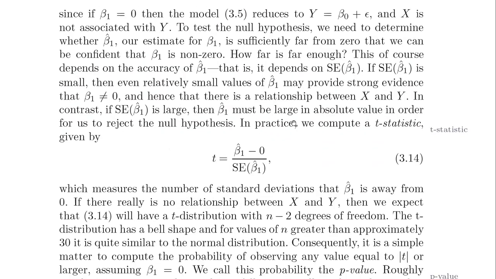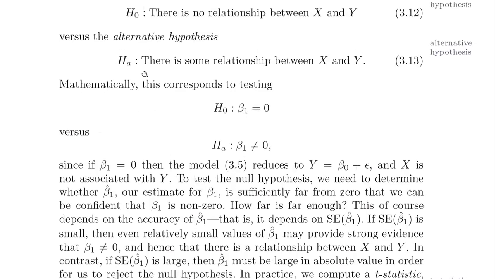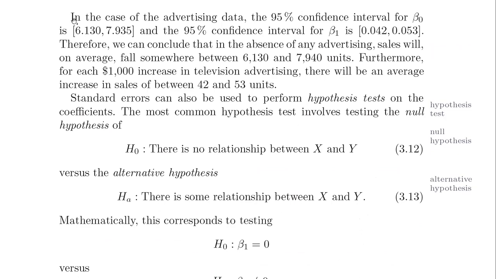To test the null hypothesis, we need to determine whether beta 1 hat, our estimate for beta 1, is sufficiently far from 0. So look at this, for example. Is 0 contained within this interval for the slope?